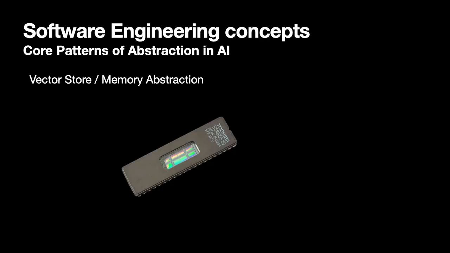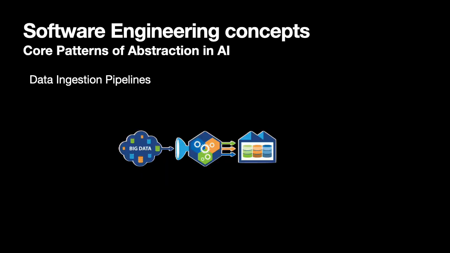Memory abstraction. This pattern unifies interfaces and hides the database engine details. For example, you can hide Pinecone, Qdrant and pgvector behind standardized methods like similarity search executed by a vector store. Data ingestion pipelines.